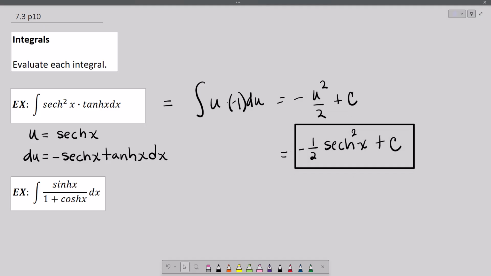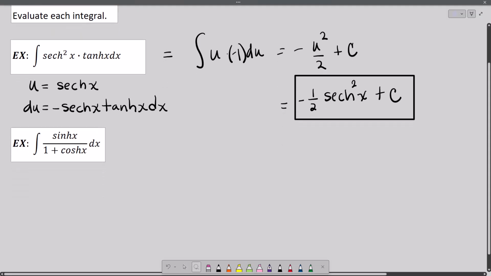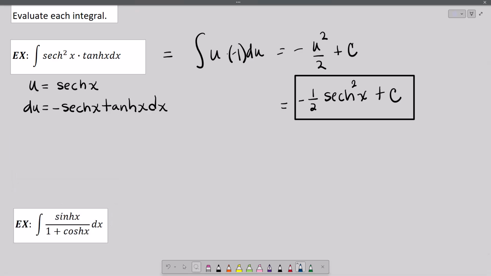Now let's do it the other way and just compare the two, because antiderivatives for trig functions can look a little different. So if we let u be tanh of x, then du, the derivative of tanh, is sech squared of x times dx.